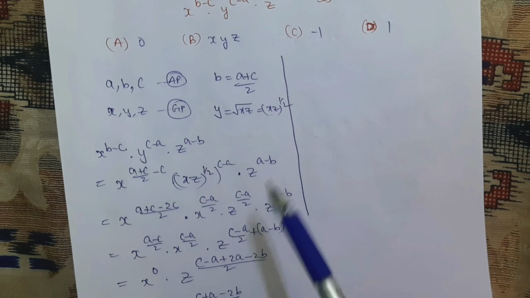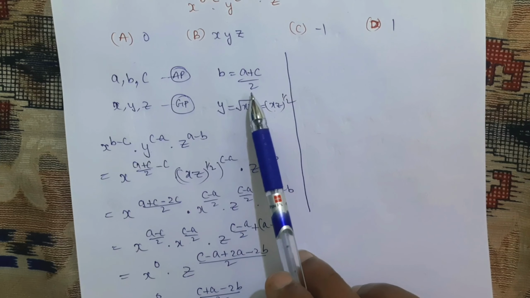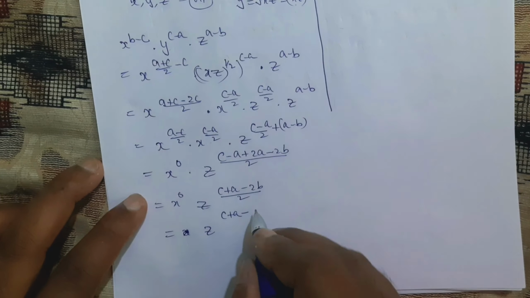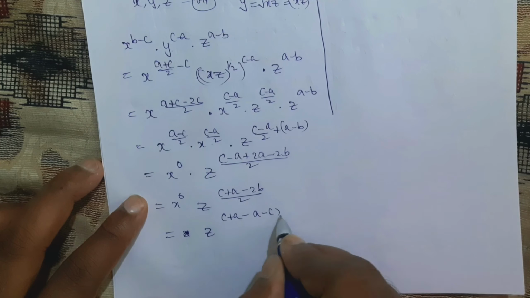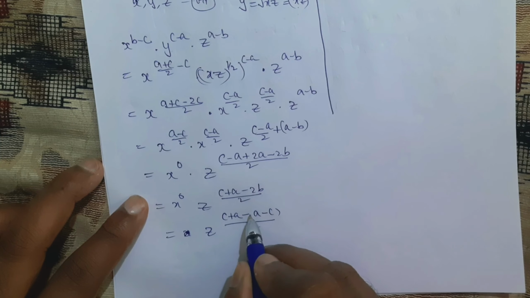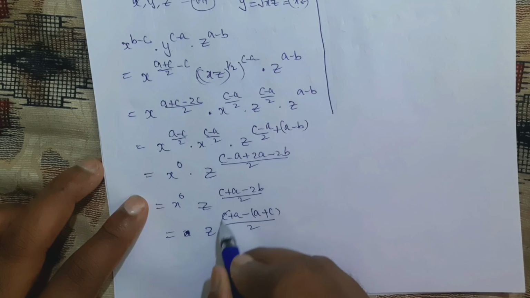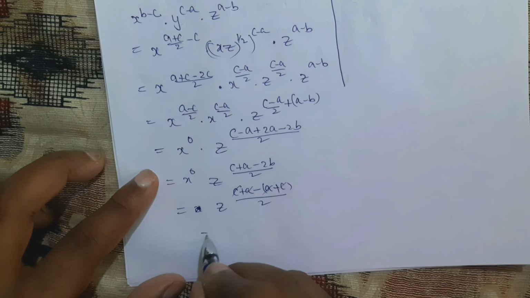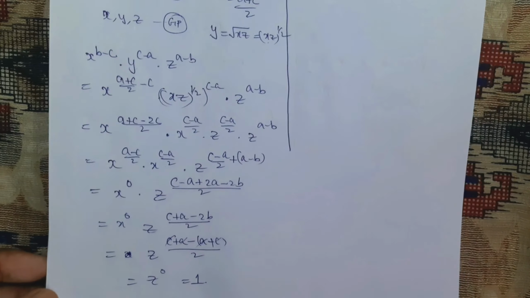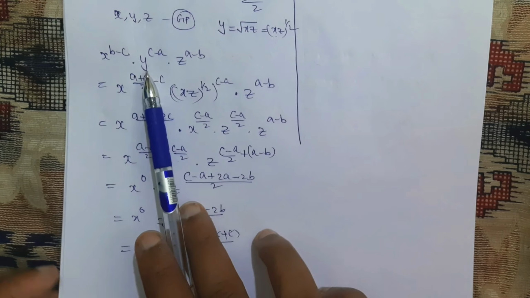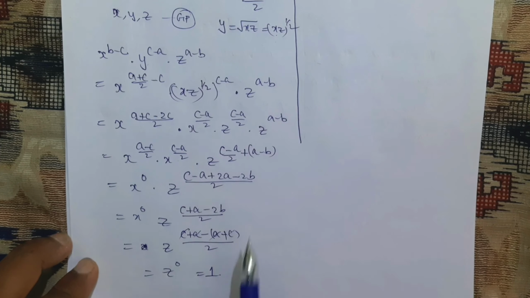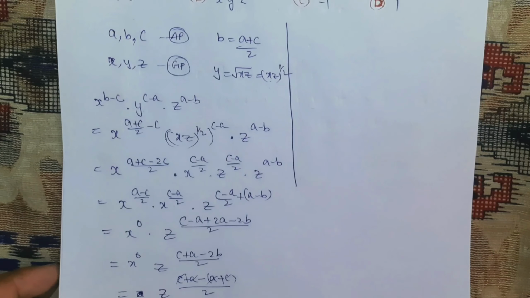From b equal to (a plus c) by 2, 2b is a plus c. So in place of 2b, I will write a plus c. With the minus sign, c and c, a and a get cancelled. So here also you get z to the power of 0, which is equal to 1. That means if you simplify x to the power of (b minus c) into y to the power of (c minus a) into z to the power of (a minus b), you will get the value 1, based on arithmetic mean and geometric mean.